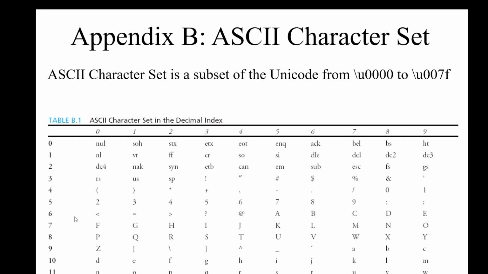You see the intersection of the row and the column. So the ASCII code for A is 65. The ASCII code for B is 66, and we'll keep going. 67 for C, 68 for D, and so on.